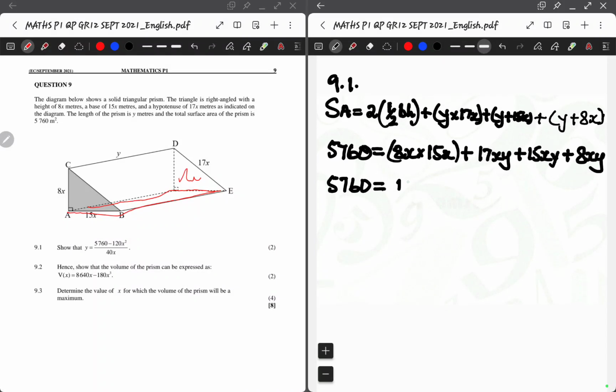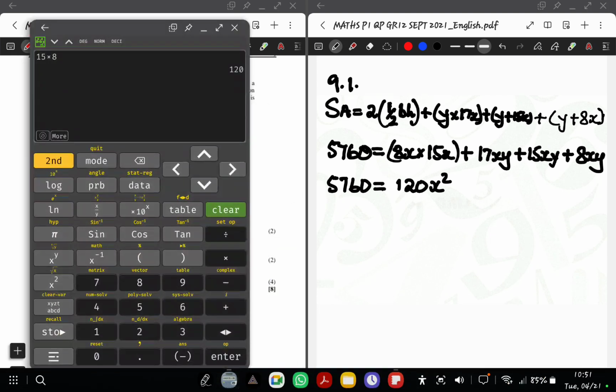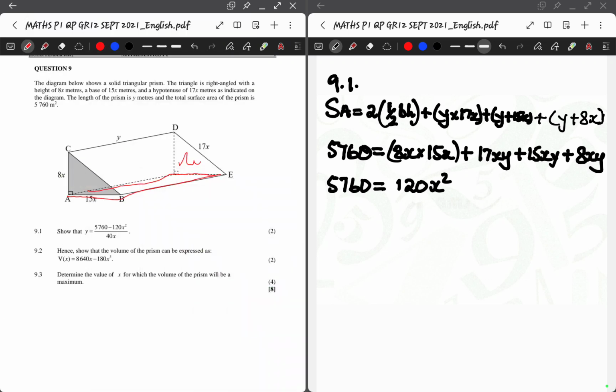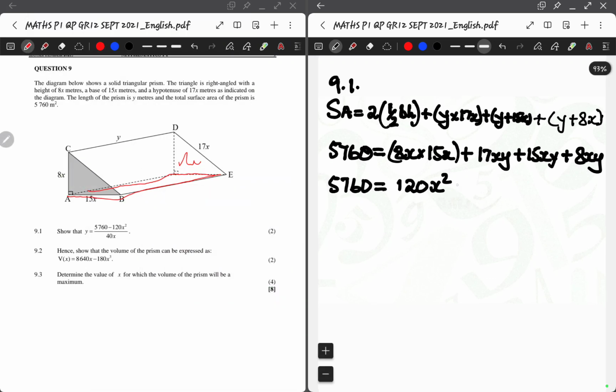So we have 120 x squared. 17 plus 15 plus 8, that's 40. 40xy.